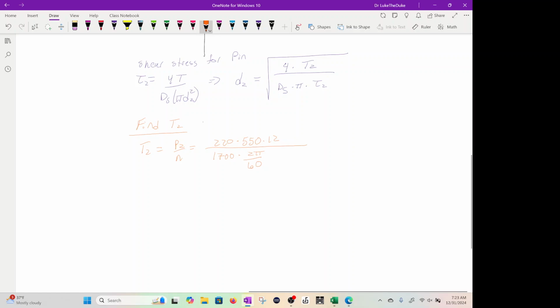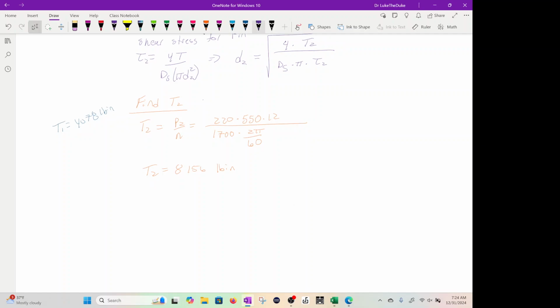All right. Again, we're converting them. So the torque at 2 should be 8,156 pound-inch. Okay. And if you remember, T1 was 4078 pound-inch. Okay, that was from the previous problem. All right, so we have those. Now we can find this.